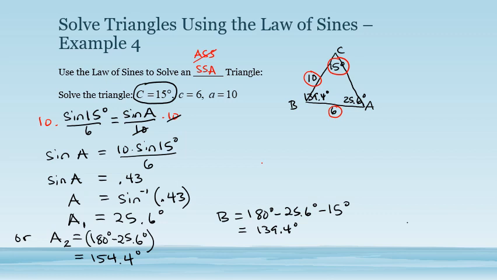We either have A sub 1 being 25.6 or A sub 2 being 154.4. If A sub 1 is 25.6, then B sub 1 is 139.4, and B sub 2 would be 180 degrees minus the 154.4 minus the 15 that was given to us. So B sub 2 would be small, but it does fit, 10.6.